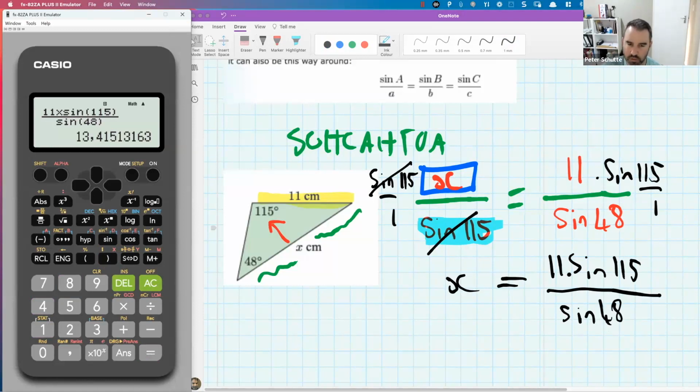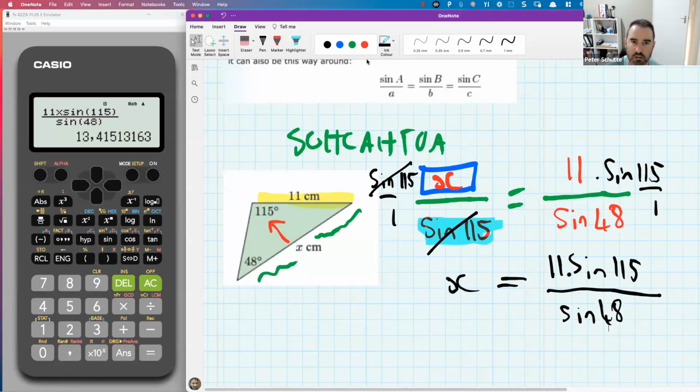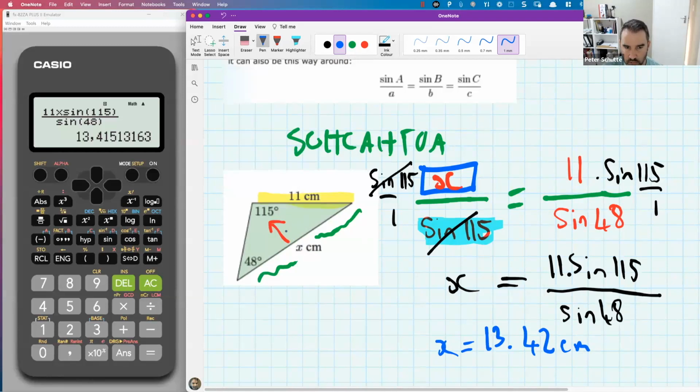And so according to this, x should be equal to 13.42 centimeters. And that makes sense to me because that's bigger than the 11, and the biggest side will always be opposite the biggest angle.